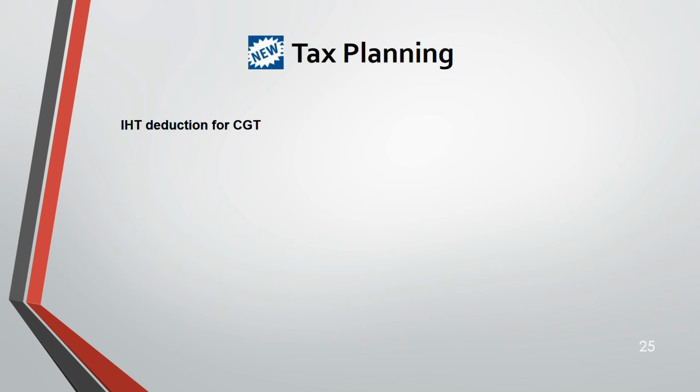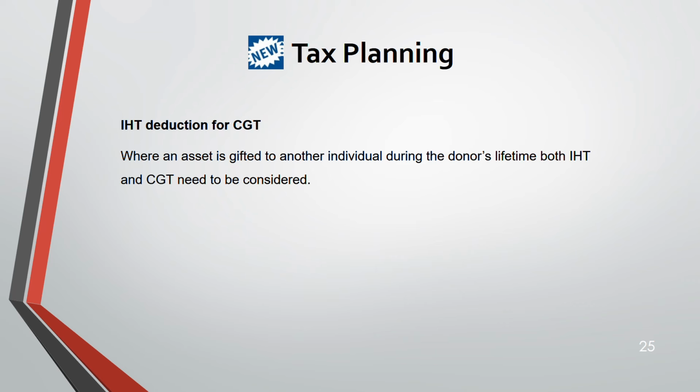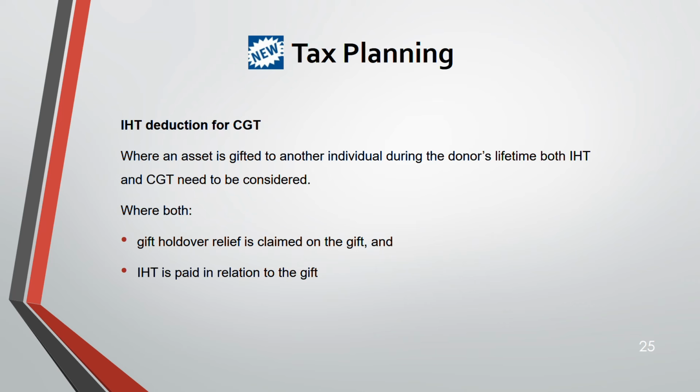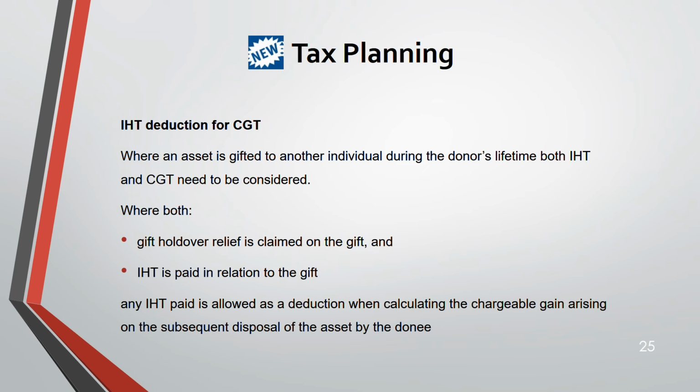Next is IHT deduction for CGT. As I've mentioned in the table, for a lifetime gift, if there is a subsequent disposal by the donee, whatever IHT has been paid, they can deduct. So when an asset is gifted to another individual during the donor's lifetime, and both gift holdover relief is claimed on the gift and IHT is paid in relation to the gift, then both have to be there.